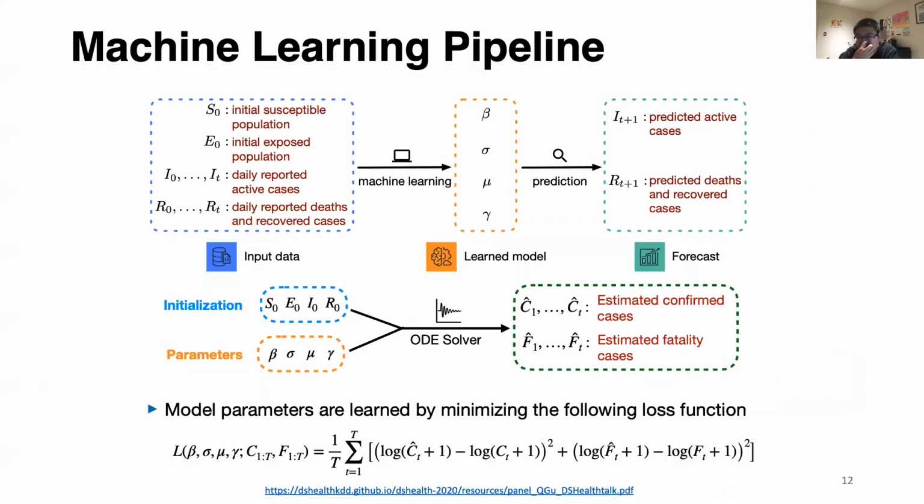The authors proposed a machine learning pipeline to estimate model parameters as well as the number of infected cases and removed cases.